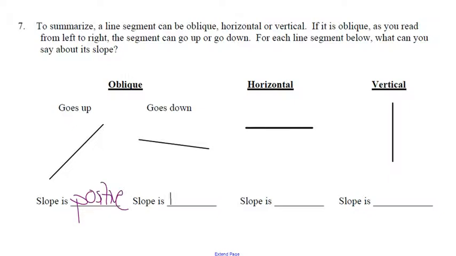This slope is? This slope is? No, undefined. You use the word undefined, or I use the word 0 when I mark. It's not error, it's not whatever, it's undefined.